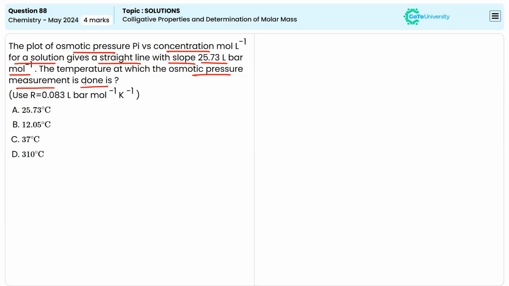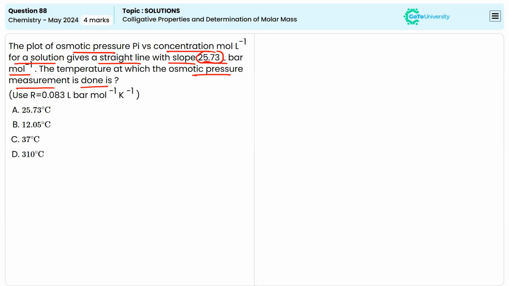It is given that a plot of osmotic pressure versus concentration is giving a straight line with a slope of 25.73. This is the key for our answer. And we have to calculate the temperature at which the osmotic pressure measurement is done.